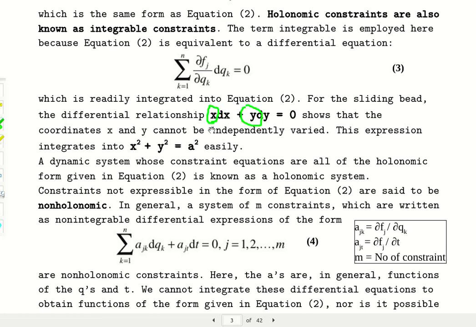But in place of x and y, if there is a very complicated function, like y to the power 5 minus x cube, and in place of y there is something like x y to the power 10 minus y to the power 155, then it cannot be integrated.